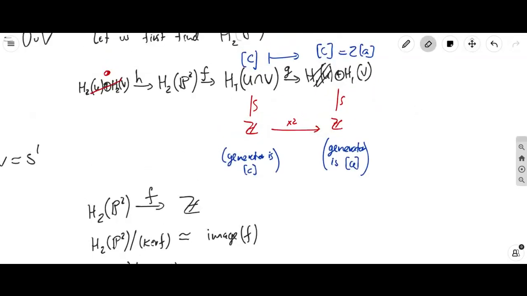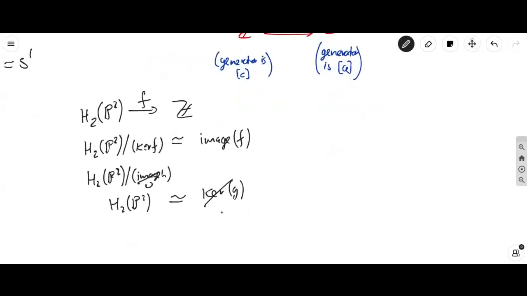And the doubling map is injective, so its kernel is going to be trivial. So this is just 0. And look at what we've proven. We have proven that the second homology of the projective plane is actually the trivial group. That's what we've proven.